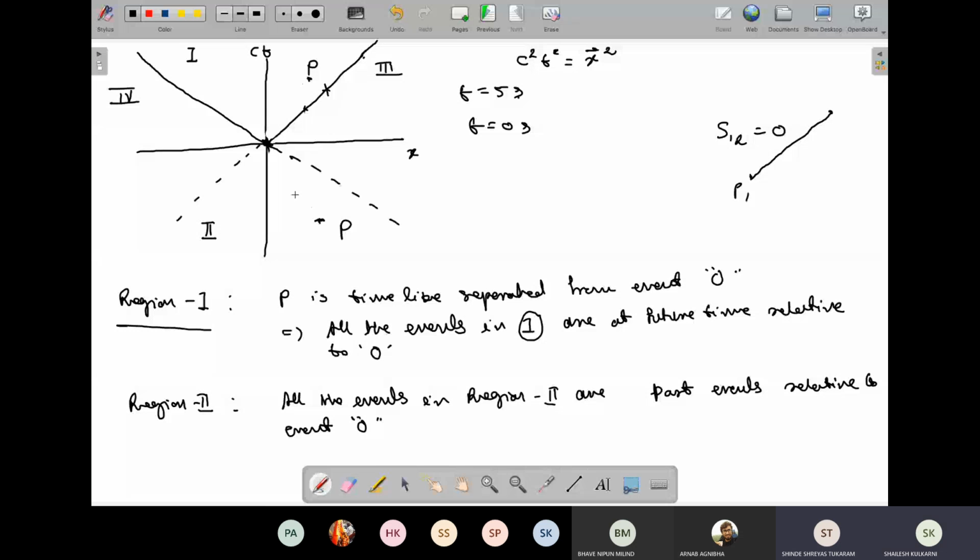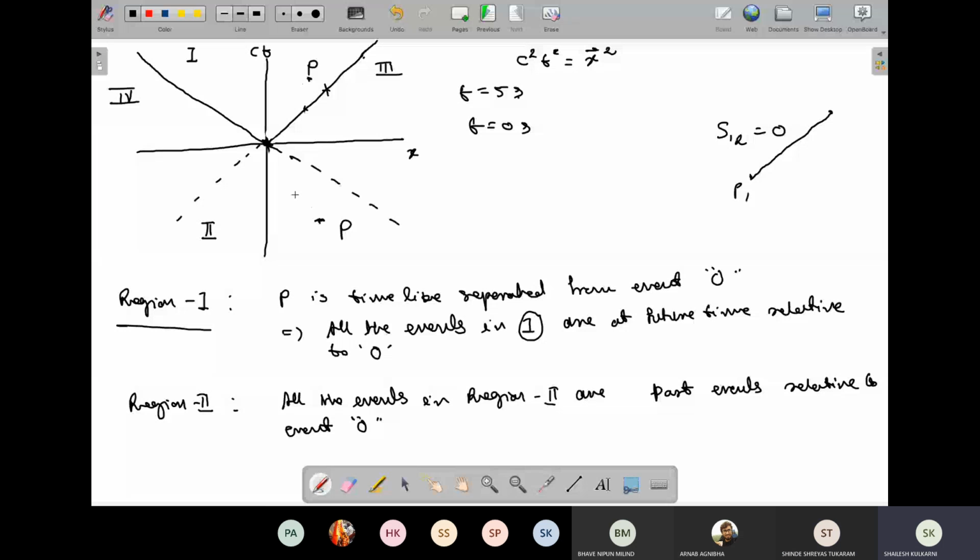Yes, but in both these regions that condition is satisfied. Correct. So it will satisfy. Still, we are saying that you cannot cross over from region 1 to region 2.